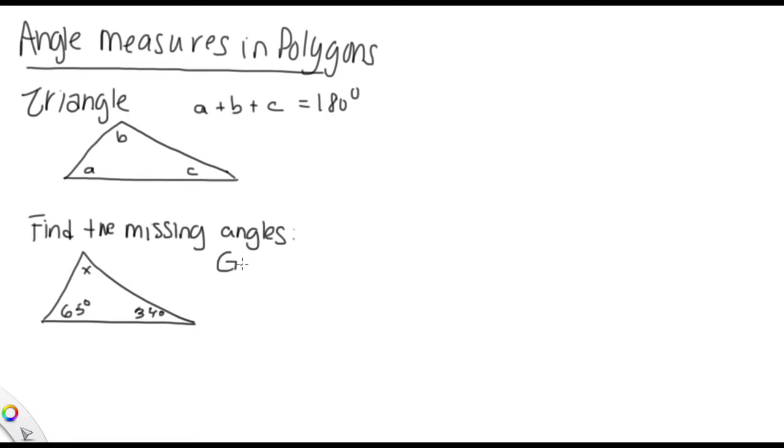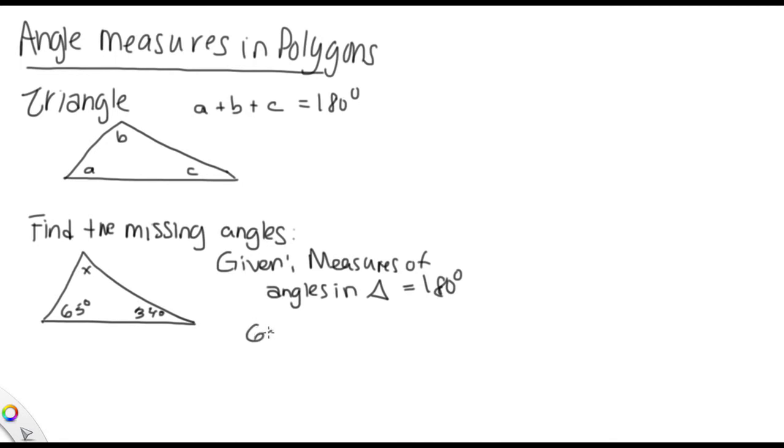Well, what's given to us? We know that the measures of the angles in a triangle sum to 180. And so we have two angles. We don't have the third.